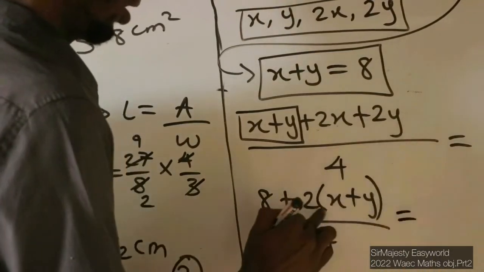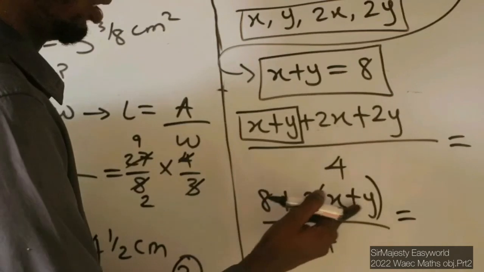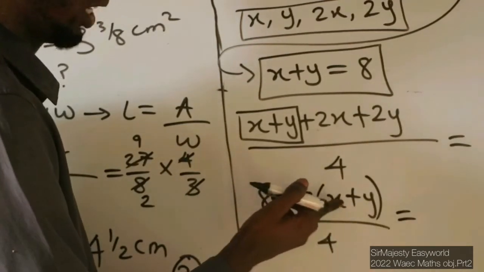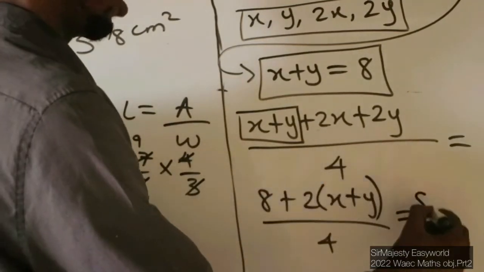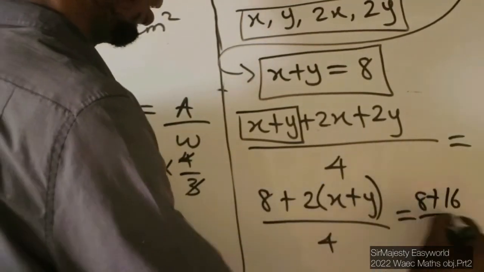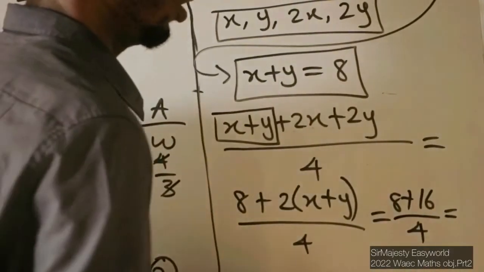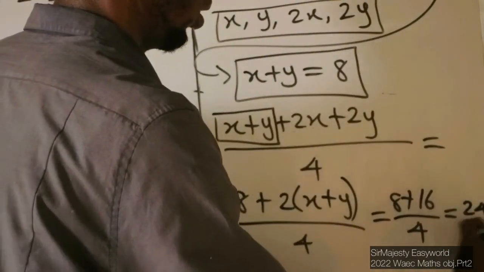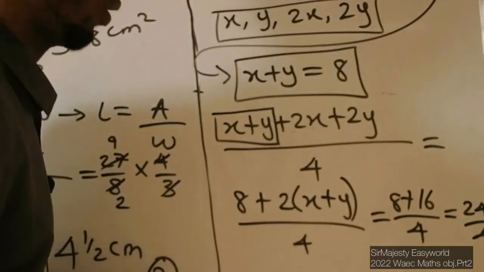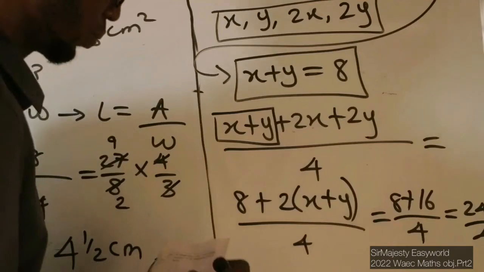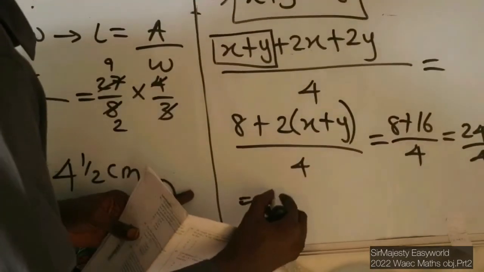Now this x plus y is equal to 8, so we can substitute 8 again. 2 multiplied by 8 gives us 16. So we have 8 plus 16 all over 4, which is 24 all over 4. 24 divided by 4 is 6. So our final answer is 6.